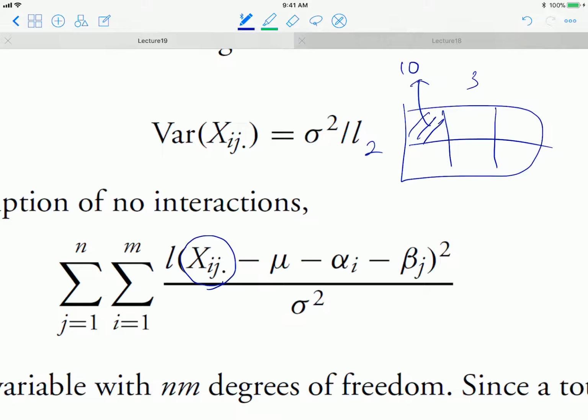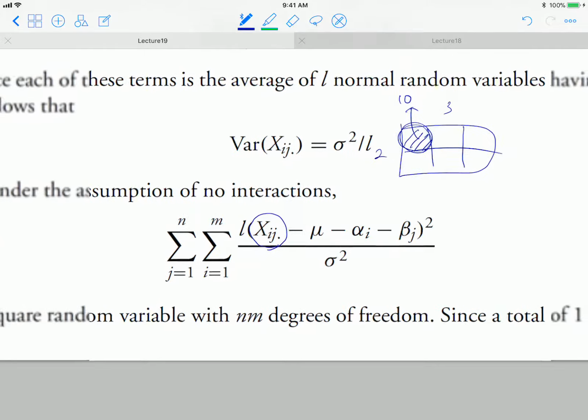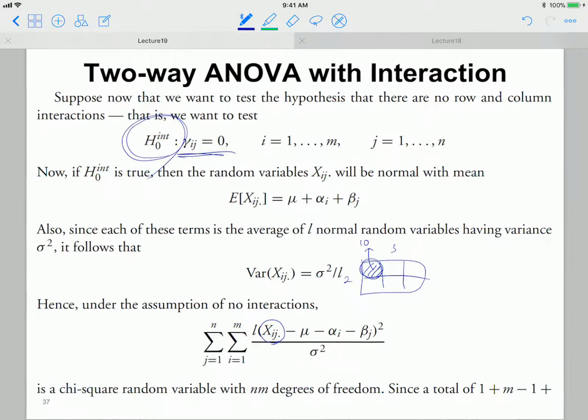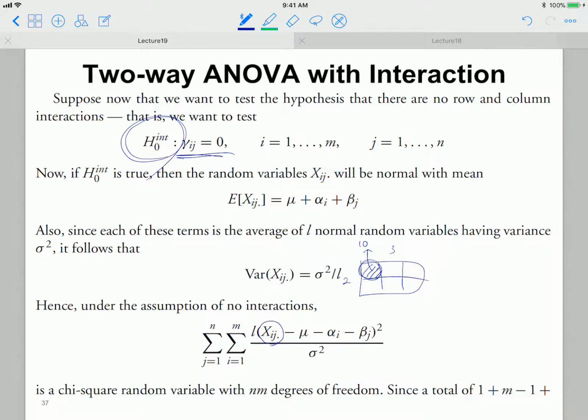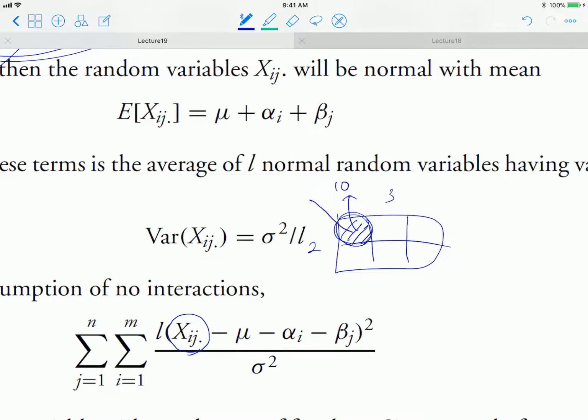For those 10 different samples, if we had no interaction terms at all, which means if our null hypothesis was satisfied, then gamma ij's will all be 0, and the true mean value for this cell will be fully represented as an additive model, which is mu plus alpha i plus beta j, right?